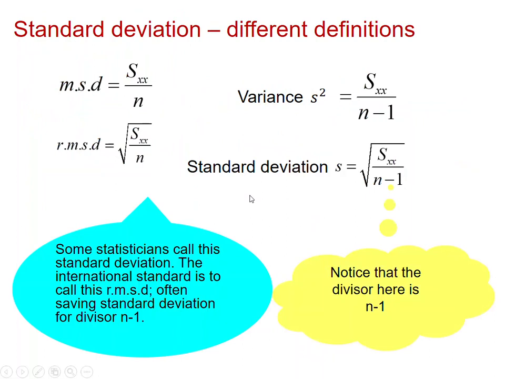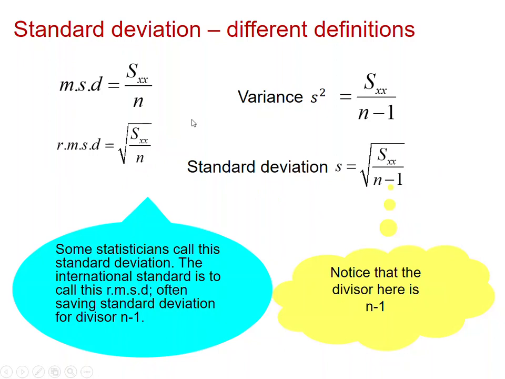If we want to find the standard deviation, there are actually two different types of standard deviation. The one on the left is more commonly known as the root mean square deviation, and it's found by dividing SXX by n and taking the square root. But in some circumstances we want to divide by n minus 1 instead.